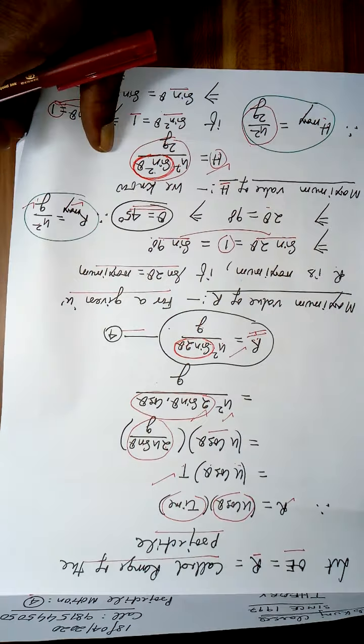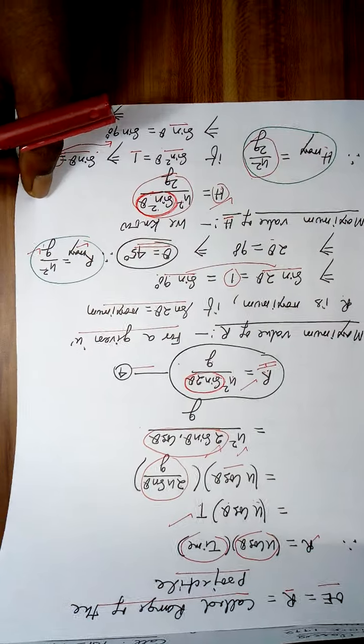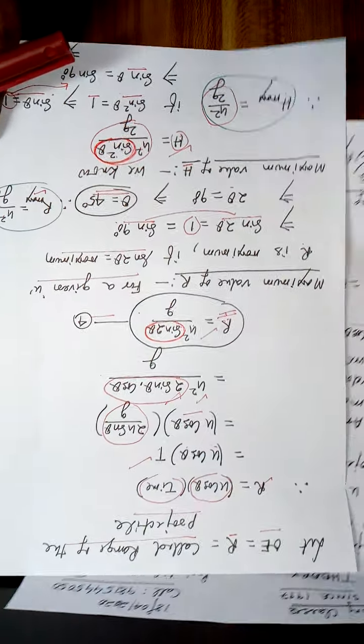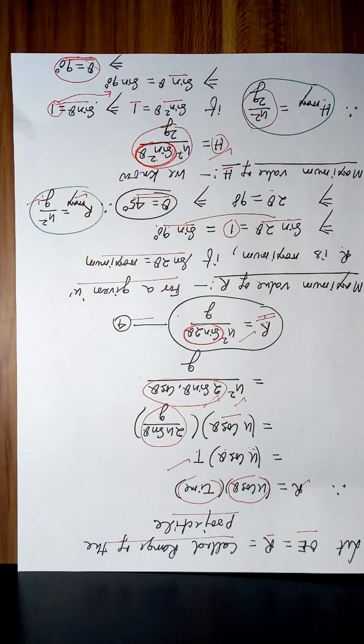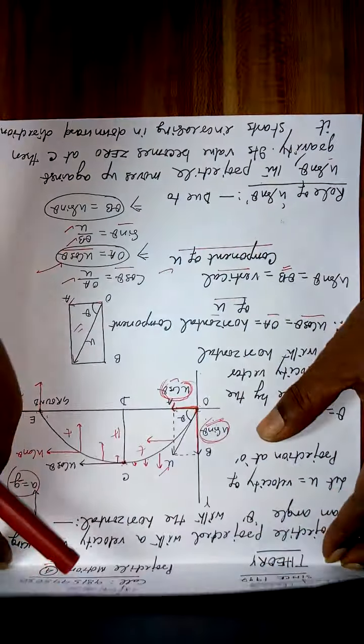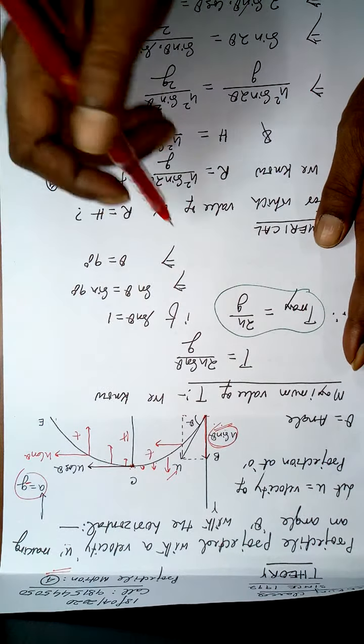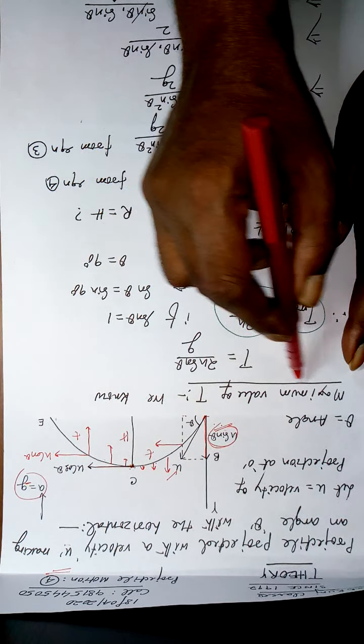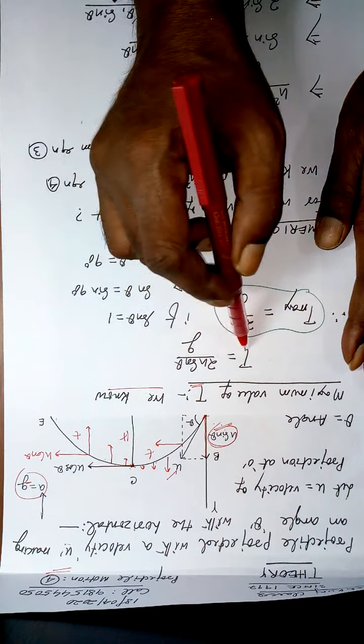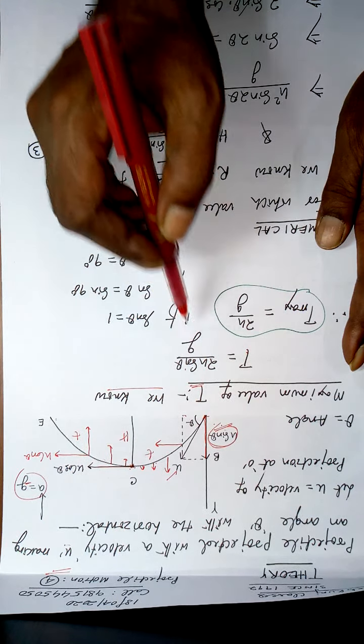Now similarly, let us find the maximum value for the time of flight. We just derived that capital T is equal to 2u sine theta over g.